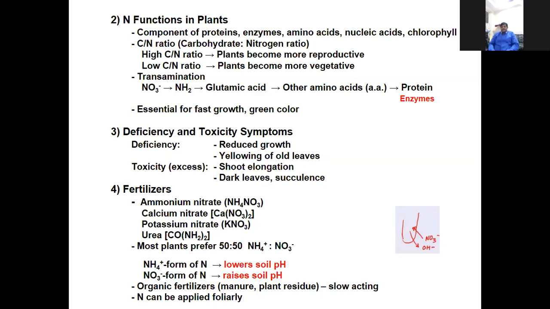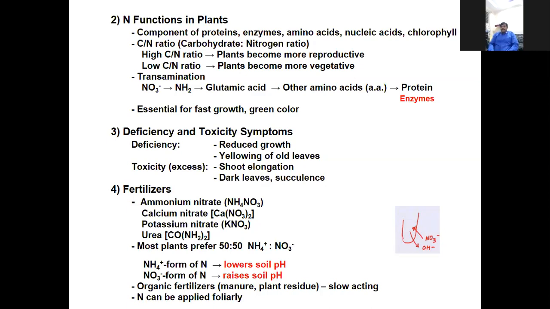Toxicity means excess. When an element is at high concentration, again it reduces growth and limits yield. That is known as toxicity. For nitrogen, shoot elongation is a toxicity symptom. Darker and succulent leaves is also a toxicity symptom for nitrogen.